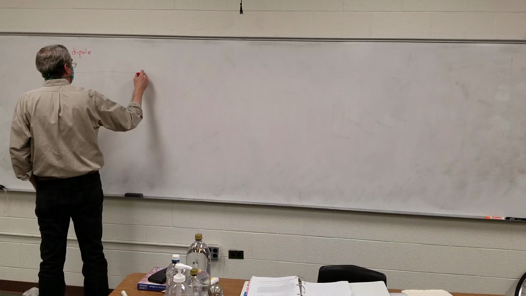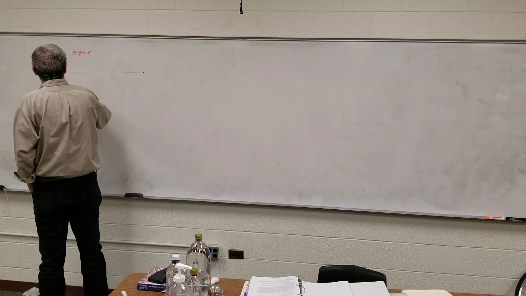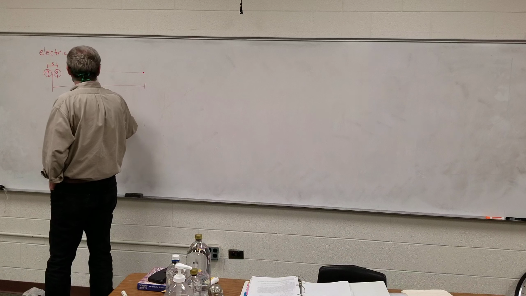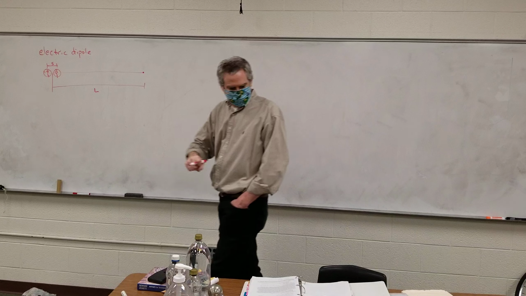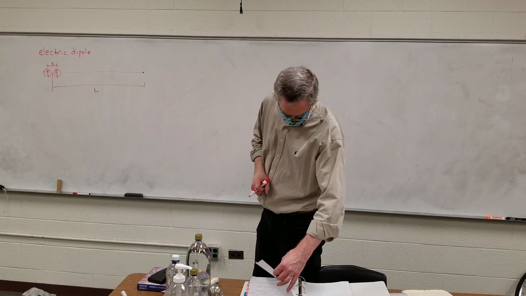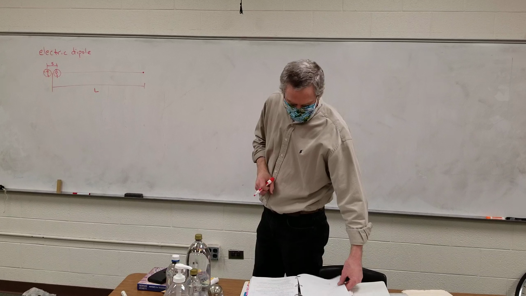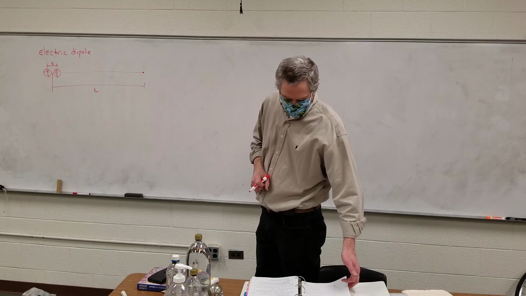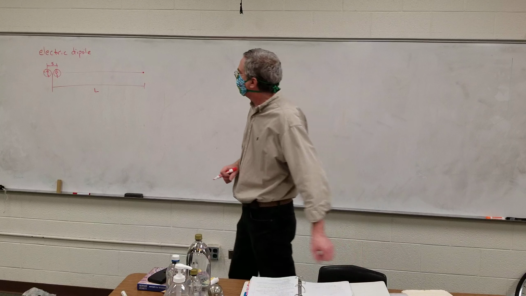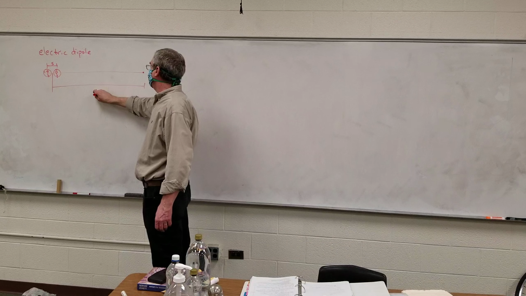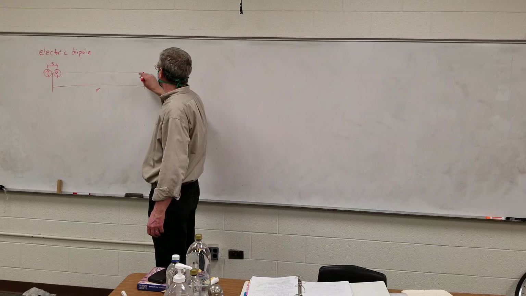And I have some charge over here. The distance from the middle to this charge, what do I make, L? This will make it R, since that's what we're using for Coulomb's law.